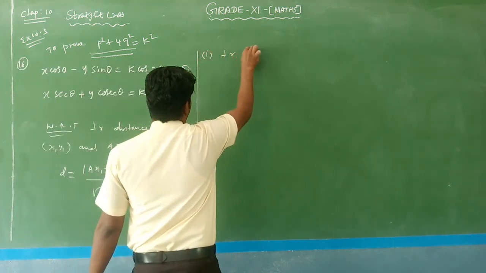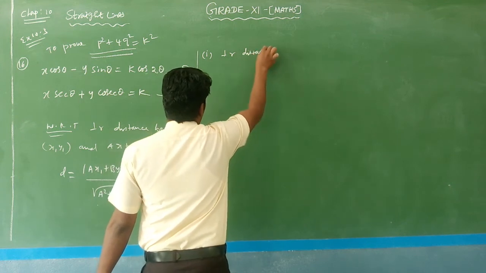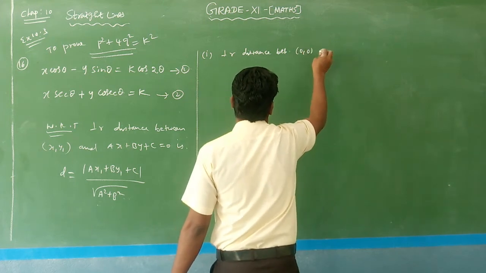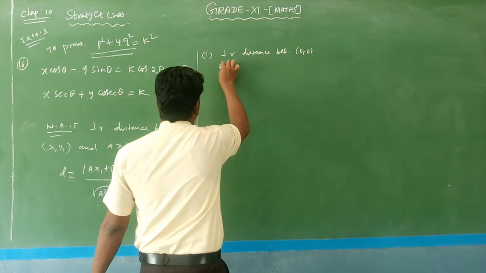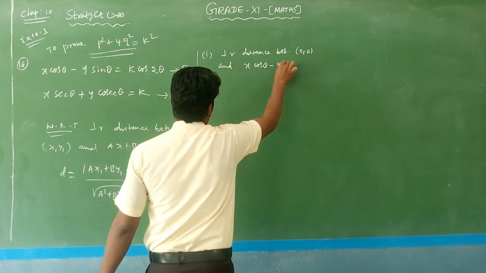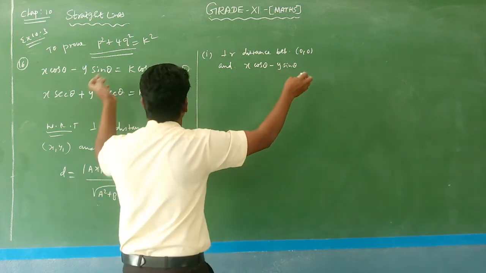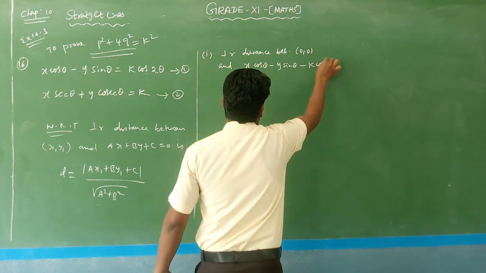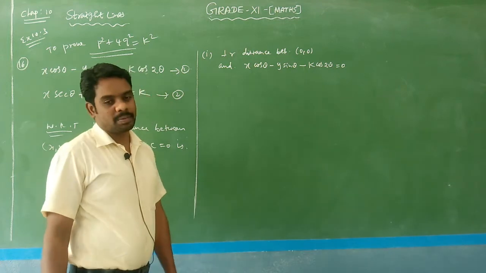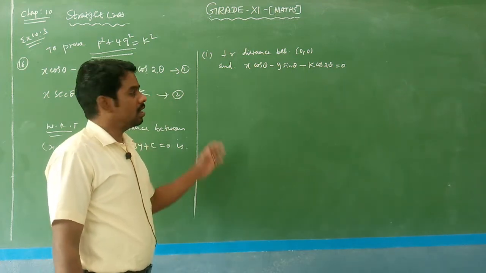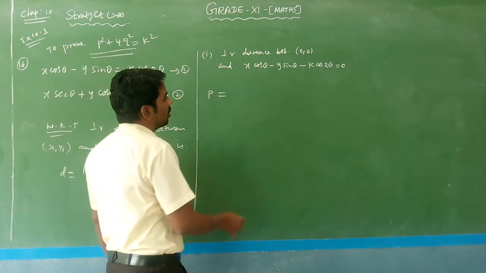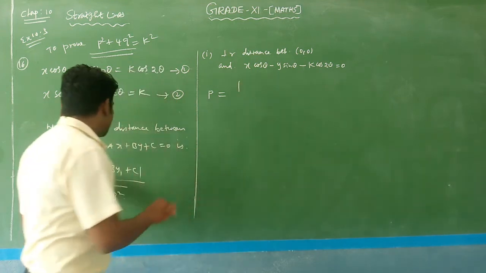The perpendicular distance between the origin 0, 0 and the line x cos theta minus y sin theta minus k cos 2 theta equal to 0 is p. So p is equal to modulus of ax1 plus by1 plus c.